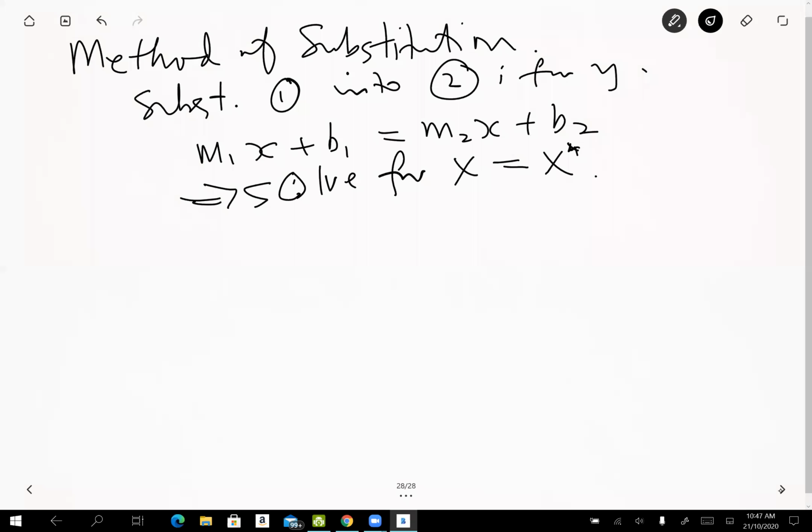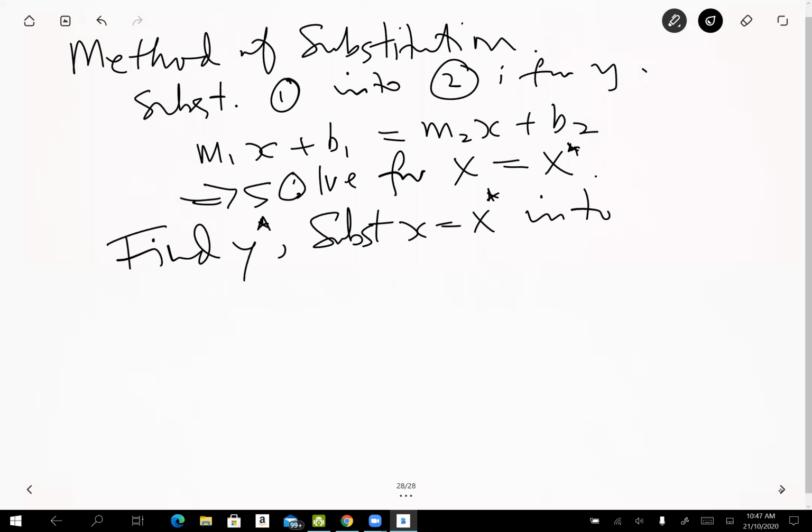Next, you want to find y. You need to find y star. So what do we do? Again, substitute x equal to the x star that you got above into either 1 or 2. It's up to you. You can choose number 1, you can choose number 2.